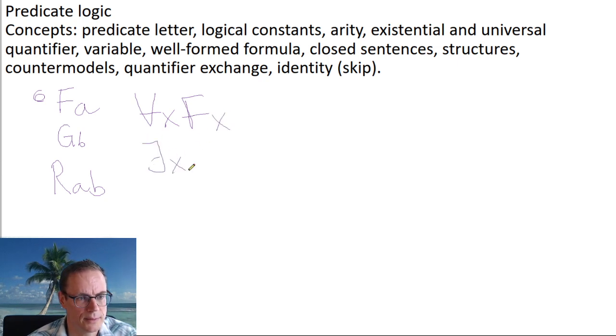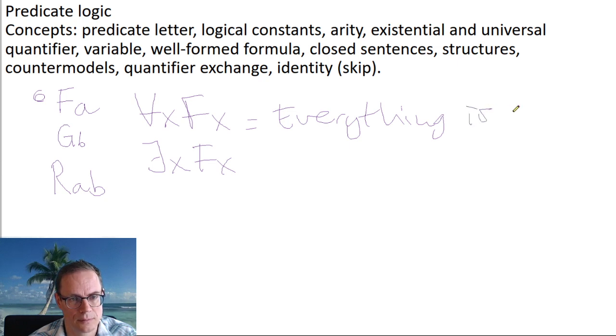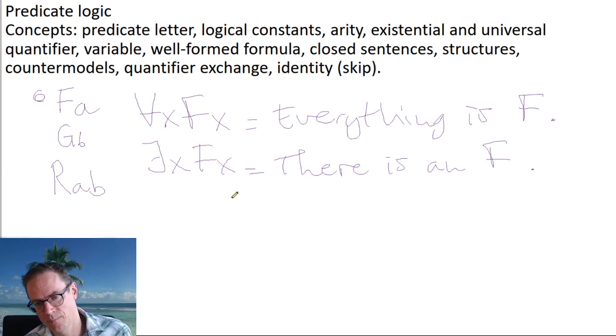Now, the universal quantifier is an upside-down A, and the existential quantifier is a left-to-right mirror image of an E. And whenever you see for all x Fx, that is the translation of everything is F. All things are such that they're F. Any x is F. Whereas existential x Fx says there is an F. There is at least one F.